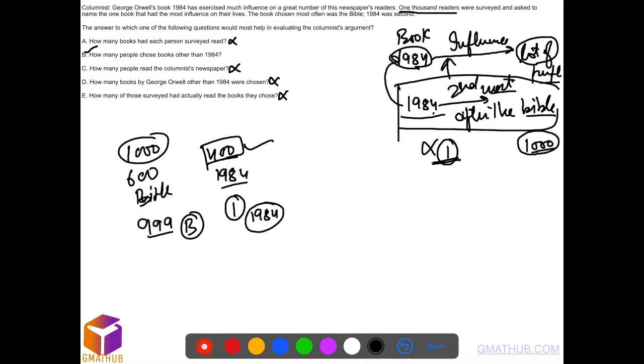Can we say a lot of people were influenced by this book? Yes, we can make that argument. Now let's say 999 people chose the Bible and only one person chose 1984. Can we say a lot of people were influenced by this book? No. So the answer to this question can change our conclusion. This is the most relevant question to ask.